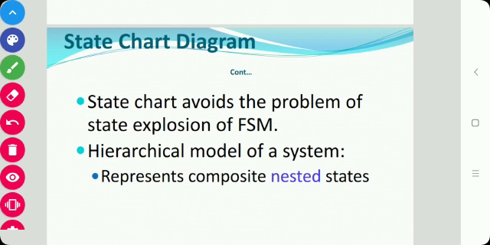State chart diagrams are based on the finite state machine, that is FSM. An FSM consists of a finite number of states corresponding to those of the object being modeled.